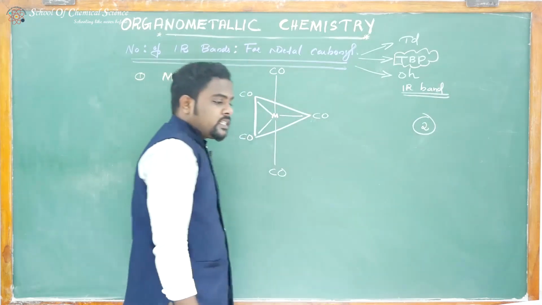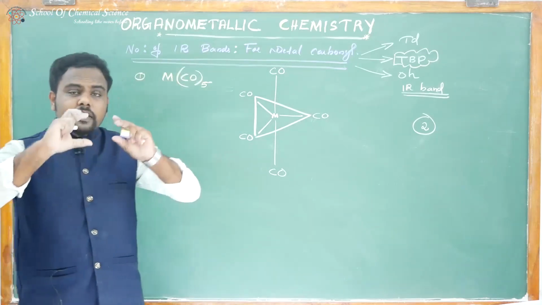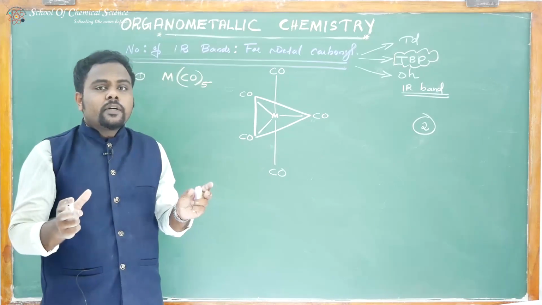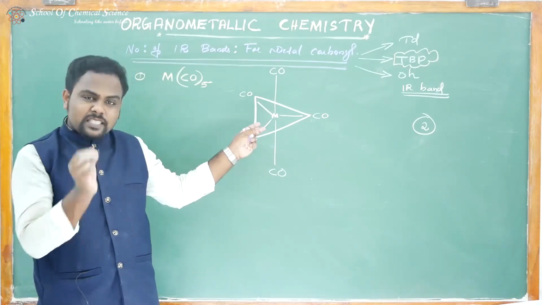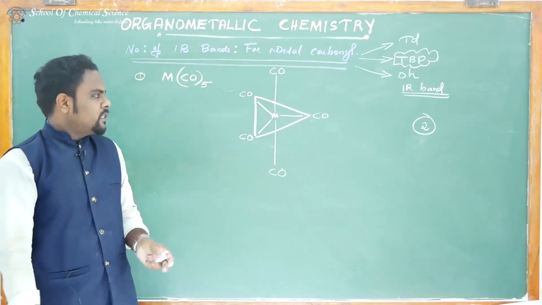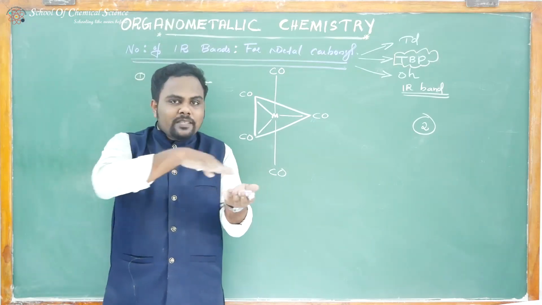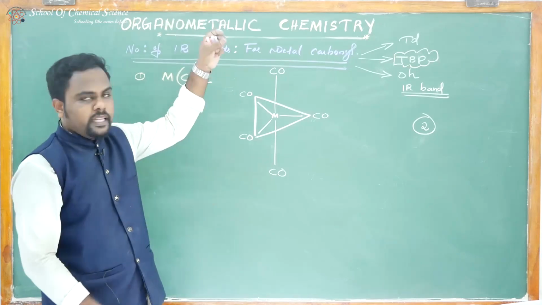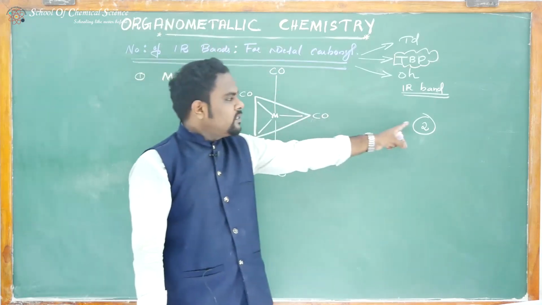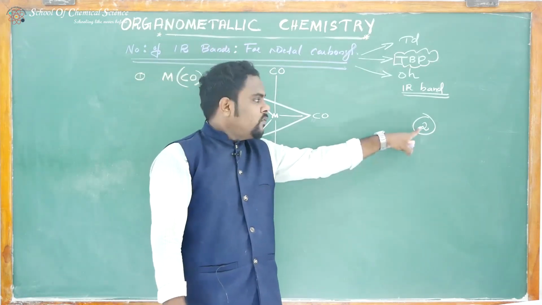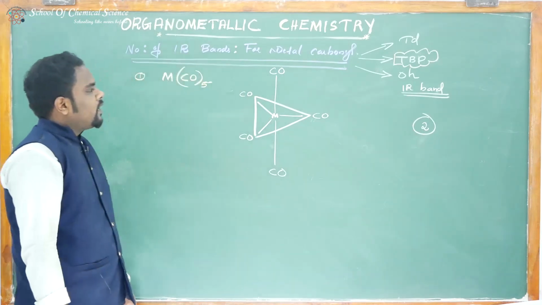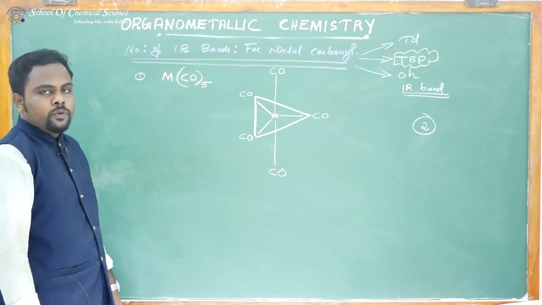For more explanation, you have to have detailed knowledge about the point group, symmetry elements and other things. This is the simple explanation. The trigonal plane is symmetrical: 1 metal and 3 carbon monoxide, all are equivalent. Then 1 for the linear. So total number of IR bands equals 2.